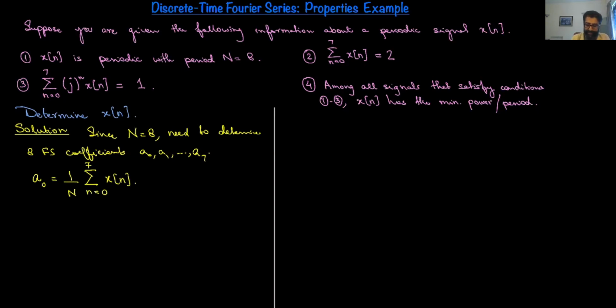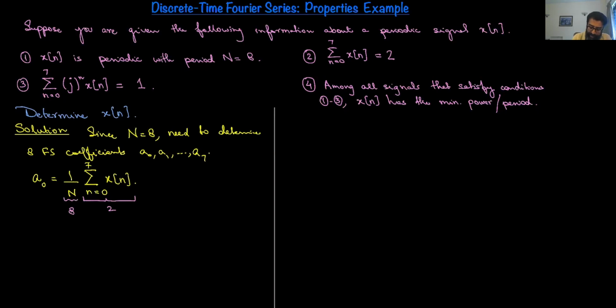This is the definition of A naught. But we know from the information given to us that this summation is equal to 2, and this N here is 8.